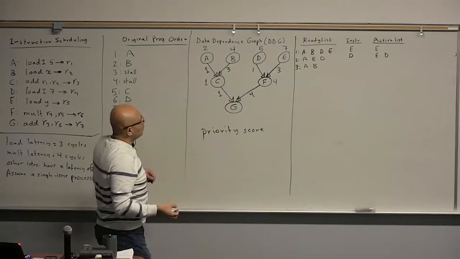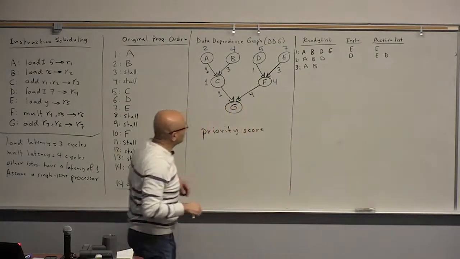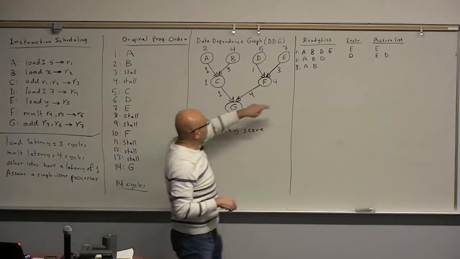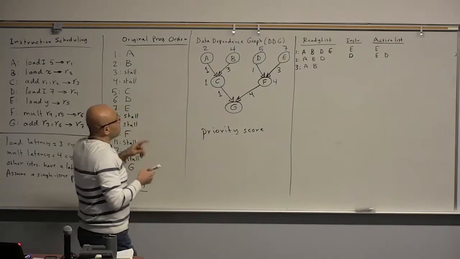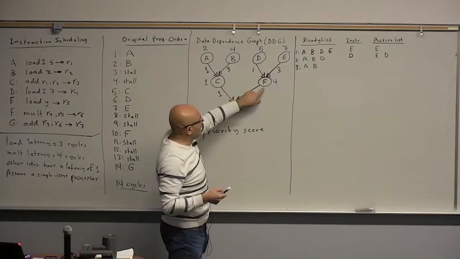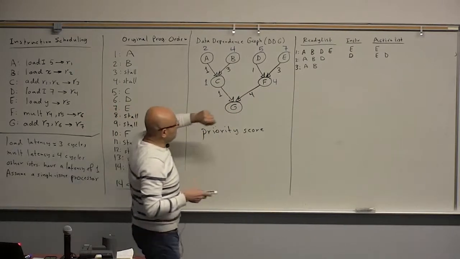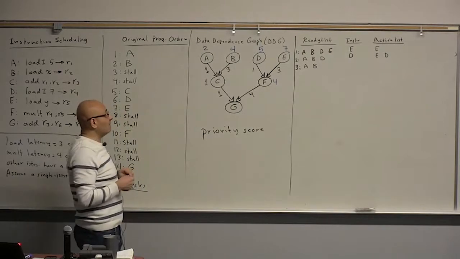Now in cycle 3, the instructions that are ready are A and B. Instruction F will become ready in cycle 4 when E is no longer active.